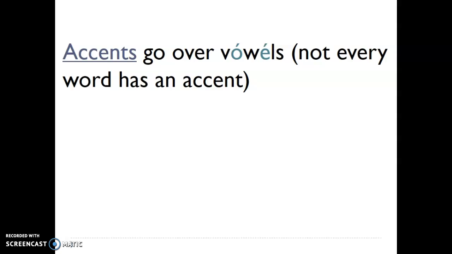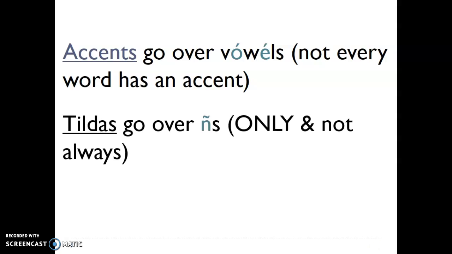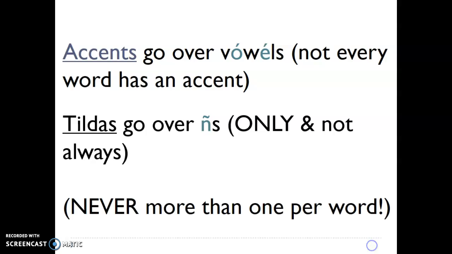Accents go over vowels, and not every word has an accent, and there are never more than one accent in any word. Tildes go over N's only and are not always in every word. And there's never more than one tilde or one accent per word, and rarely, I mean rarely, will you have a word that has an accent and a tilde.